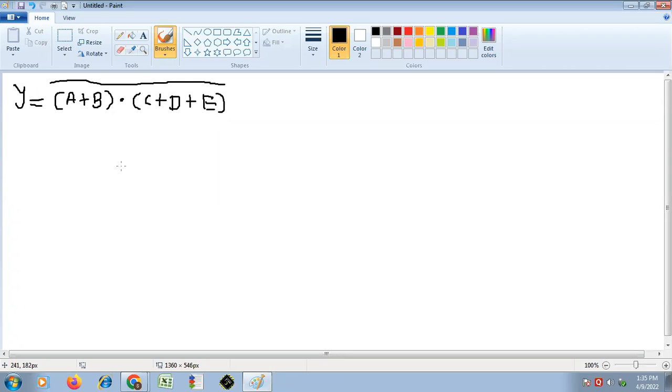Now this equation we will implement using CMOS logic, right? So again, for the last time, I will write here the rule in case of dot and in case of plus, in case of PMOS and in case of NMOS.